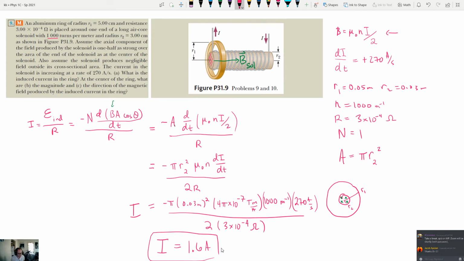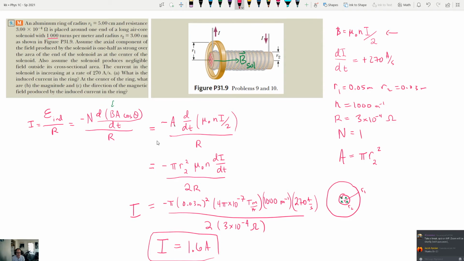Okay, any questions about that? I just want to clarify, when we do Faraday's law, we focus on whichever object we want to calculate the flux through, correct? Yeah.